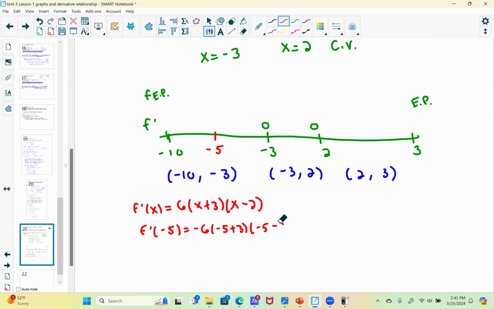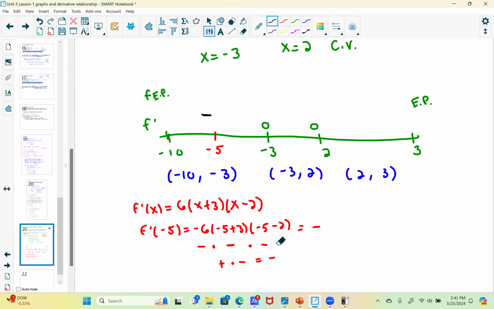I have a negative. -5 plus 3 is going to also give me a negative, it's a -2. And -5 minus 2 is a -7. And so I have a negative times a negative, which is a positive, and a positive times a negative, which is a negative. So this is negative, and that's all I need. I don't have to find the value.